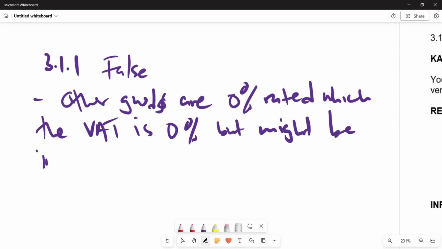So what we are saying is this VAT of 0% can be increased at a later stage. So that is the first point.